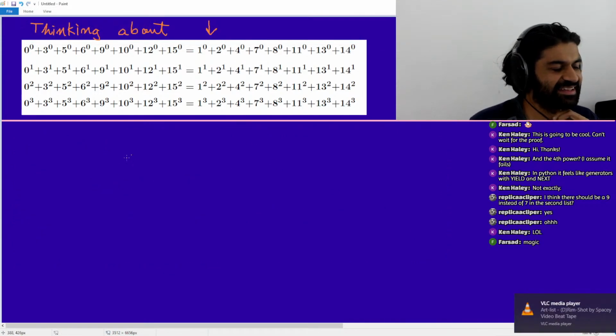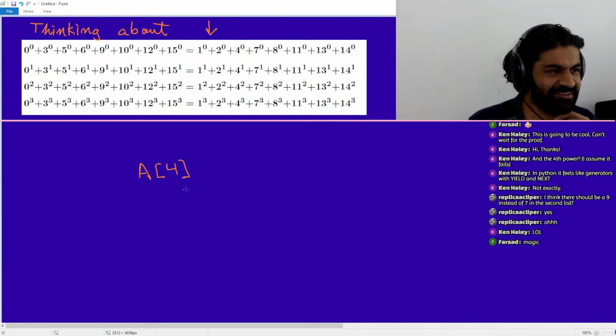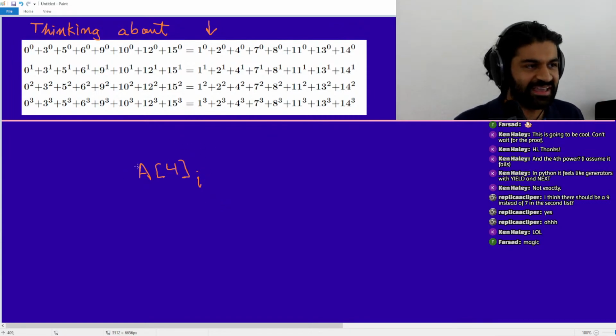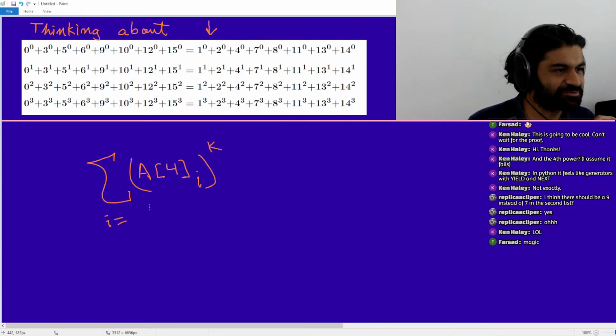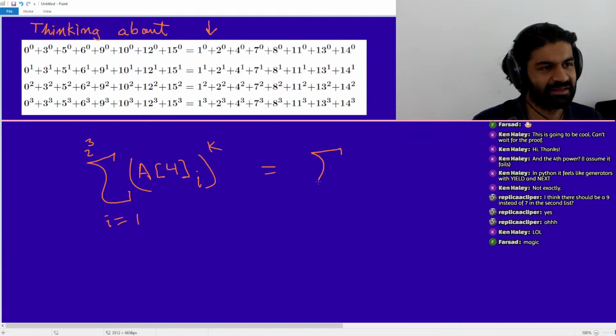Basically, this is saying that if I take the entire list A4, and take the ith element of A4 and raise it to some power k, and then add all these up, as i goes from 1 to the length of A4, which is 2 cubed, this should equal the sum, i from 1 to 2 cubed, of the ith element of B4 raised to the kth power.